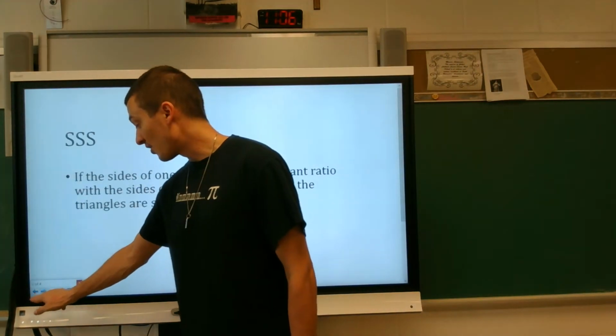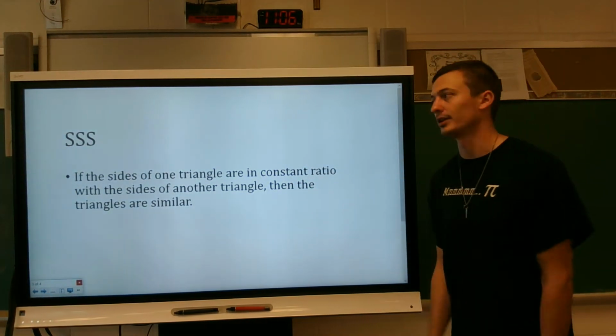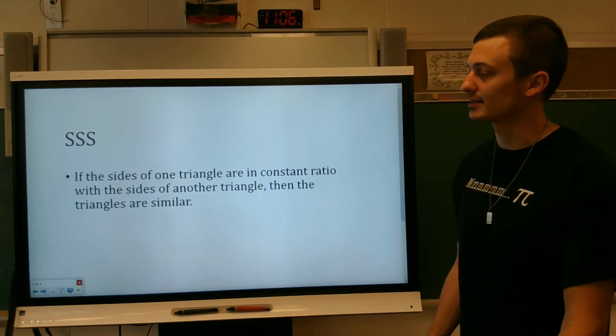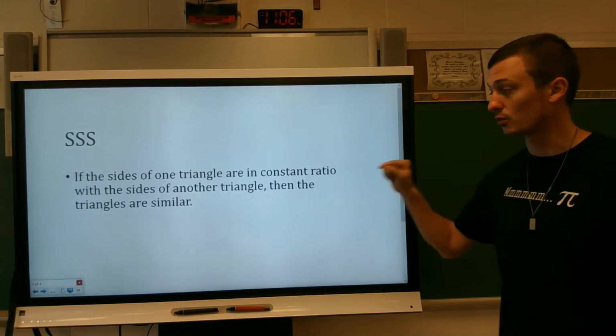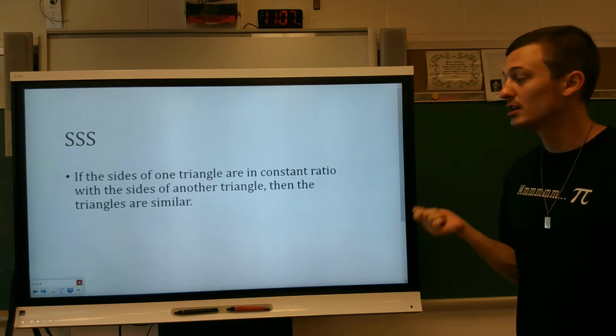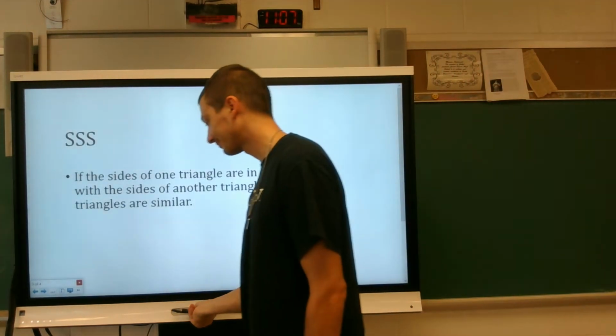The second one is a theorem, side, side, side. This is a theorem. And it says, if the sides of one triangle are in constant ratio with the sides of another triangle, then the triangles are similar. So, a diagram is going to help with this one.